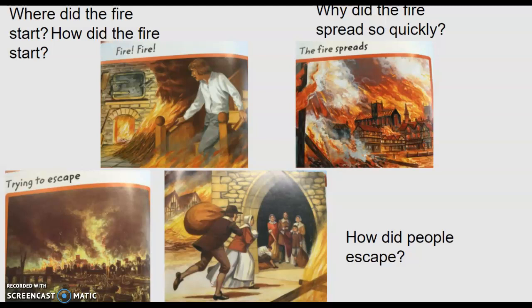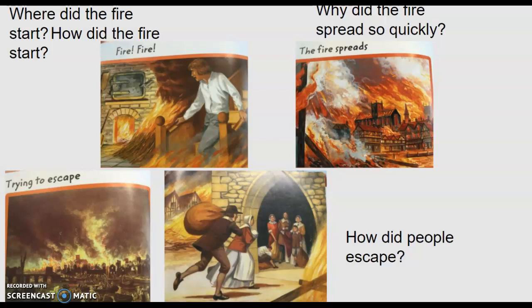And then if you have a look at the next picture here, why did the fire spread so quickly? Now we know that the fire did spread very quickly. Can you remember the reasons why it spread so quickly? Have a think about what you've learned.